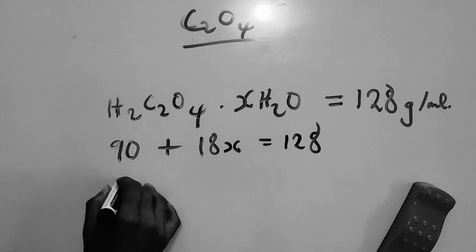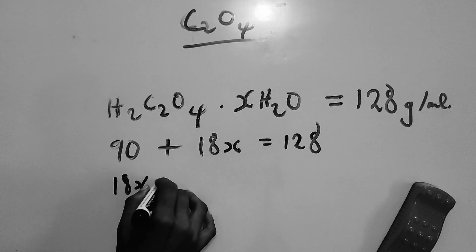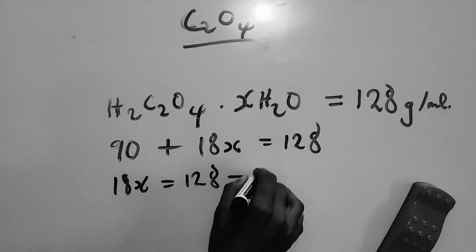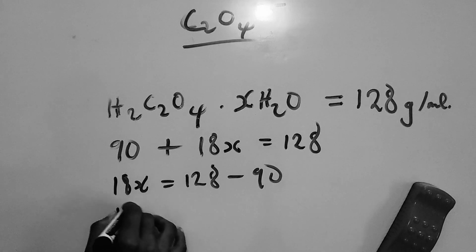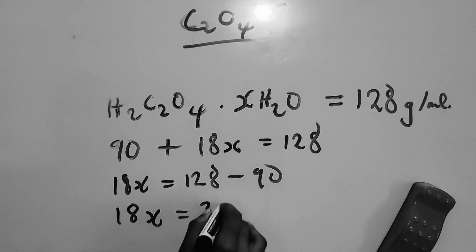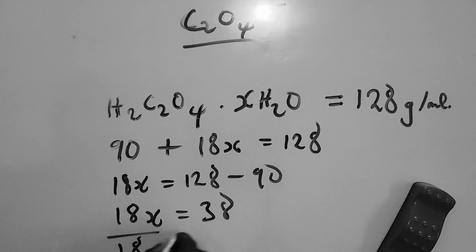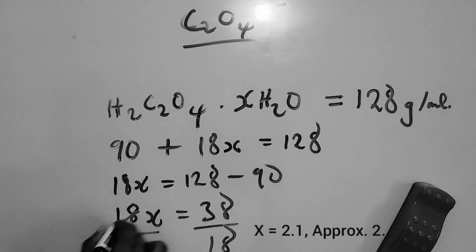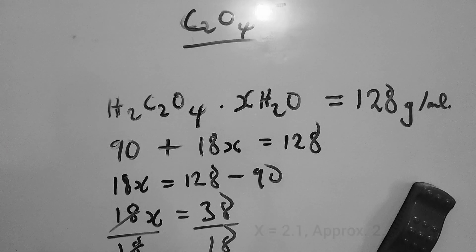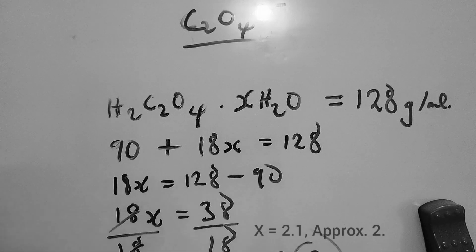All right, so I'm going to have 18x equals 128 minus 90. So 18x will be equal to 38. Divide both sides by 18. So you should be having around 2.1, okay, which is approximately 2. That means the water of crystallization is 2.